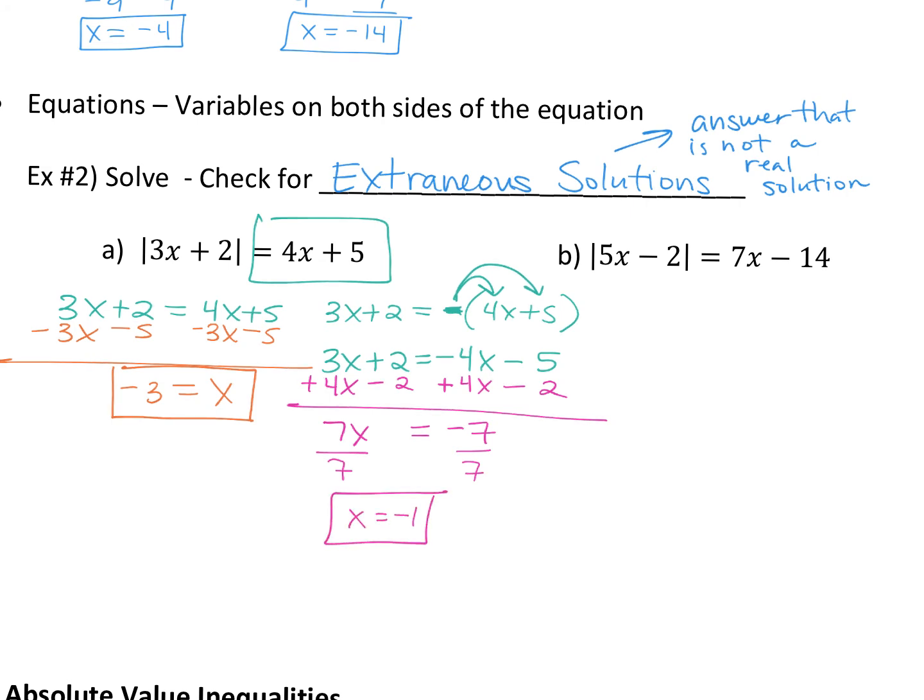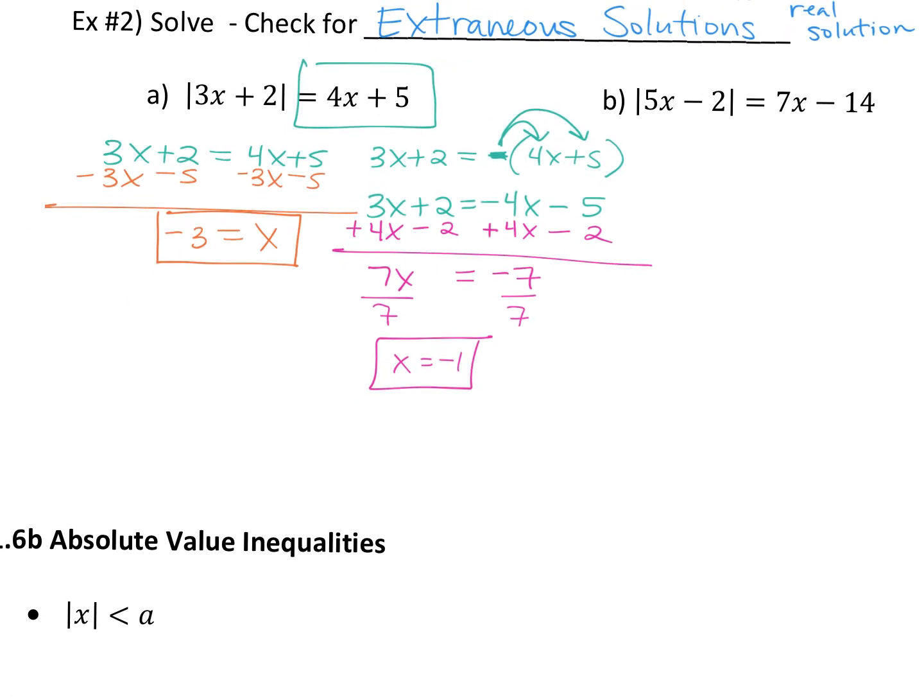Okay? But you have to check for extraneous solutions when your variables are on both sides. All you got to do is plug it in. So if I plug it in, let's plug in a -3. So it would be the absolute value of 3 times -3 plus 2 equals 4 times -3 plus 5.